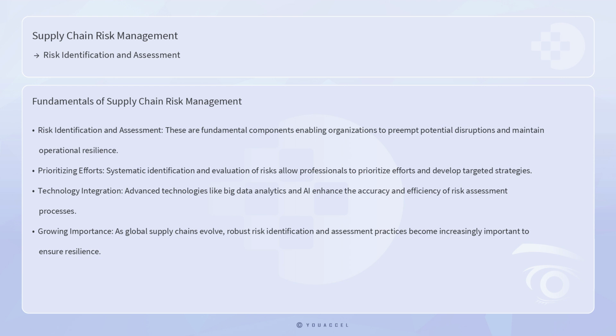The integration of advanced technologies, such as big data analytics and artificial intelligence, further enhances the accuracy and efficiency of risk assessment processes. As global supply chains continue to evolve, the importance of robust risk identification and assessment practices will only grow, underscoring their critical role in ensuring a resilient and efficient supply chain.